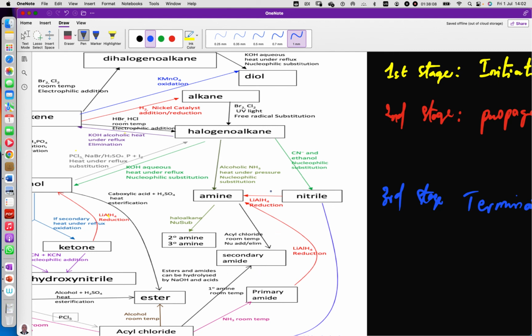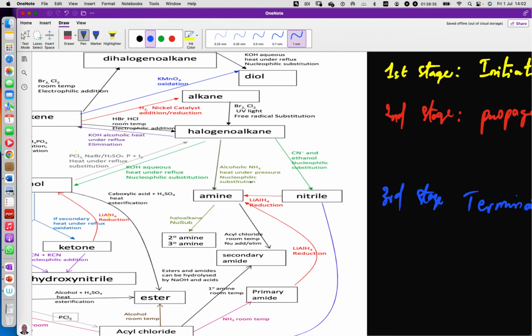Then the amine can undergo haloalkane nucleophilic substitution, and we'll have a secondary amine, and we'll also have a tertiary amine. Halogenoalkane can undergo reaction with ethanolic ammonia, or ammonia in alcohol, or alcoholic ammonia.